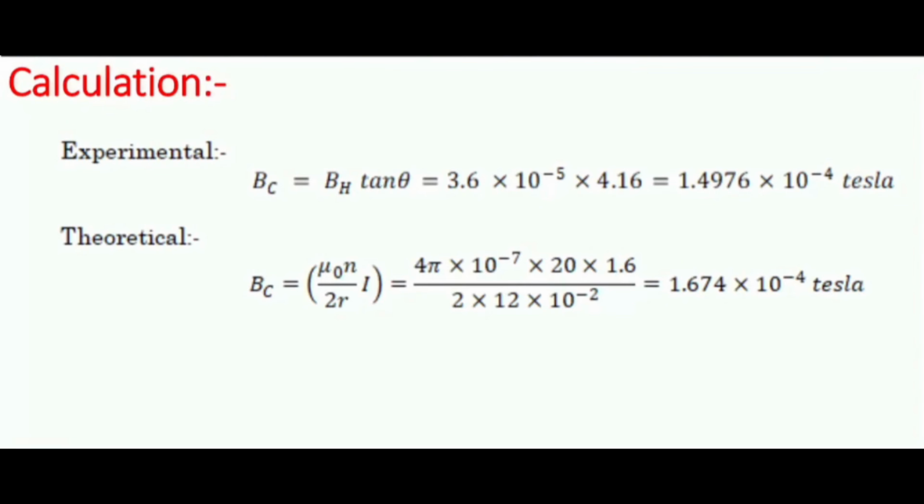We will obtain the magnetic field at the center of the circular coil experimentally. By substituting the values for mu naught, the number of turns N, divided by 2 times the radius of the circular coil, into I, the electric current through the circular coil, we get the magnetic field at the center of the circular coil theoretically.